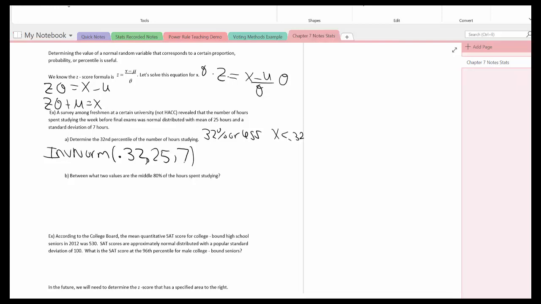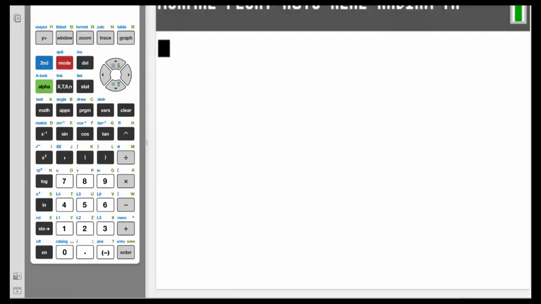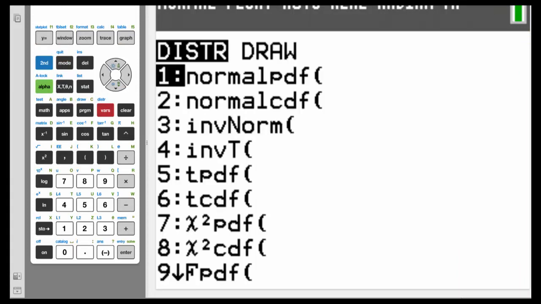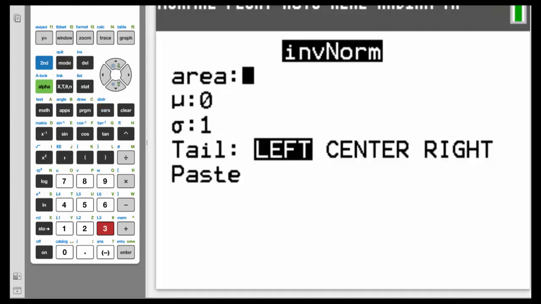Now, let's figure out how to put this into the calculator. This is how to find inverse norm. Go to second and vars. Number 3 is what I'm looking for. It's asking for the particular area to the left. Write it as a decimal, 0.32. The mean is 25, and the standard deviation is 7.